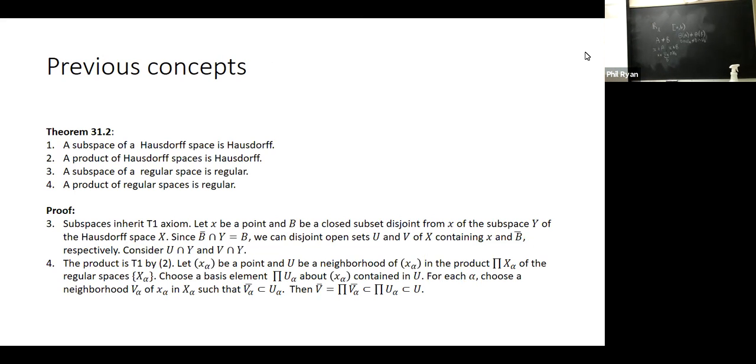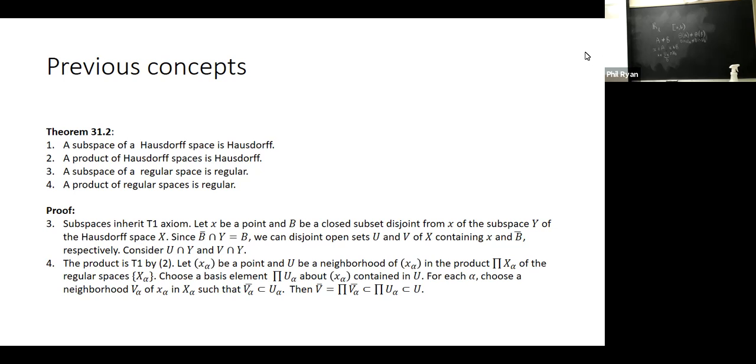So we've got a point and a neighborhood U of that point in the product space. Okay. Since it's in an open set U, that means we can find a basis element around that point contained within U. A basis element is a product of open sets, only finitely many of them not equal to the whole space.